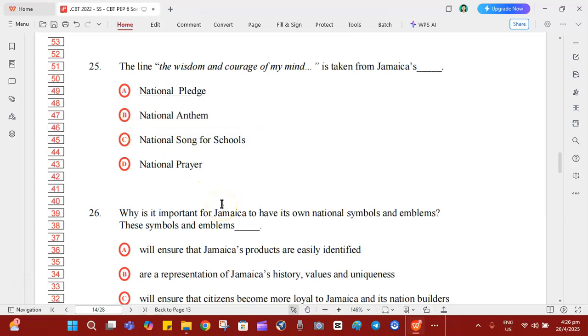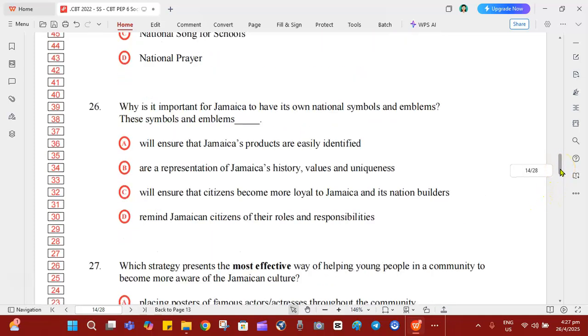26. Why is it important for Jamaica to have its own national symbols and emblems? A says these symbols and emblems will ensure that Jamaica's products are easily identified. B says the symbols and emblems are a representation of Jamaica's history, values, and uniqueness.